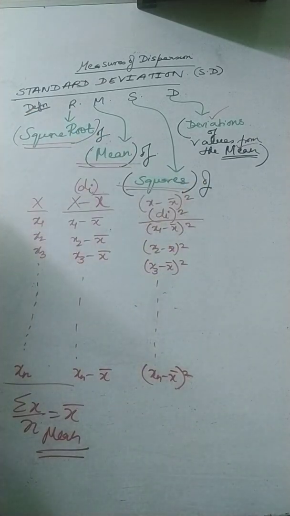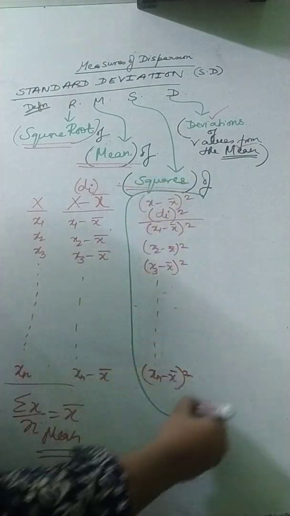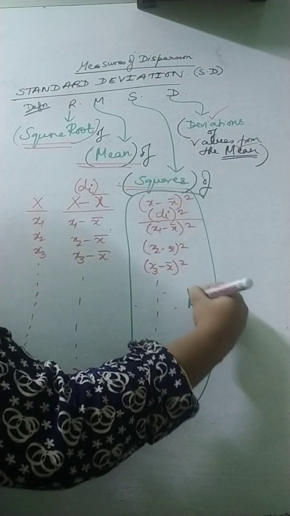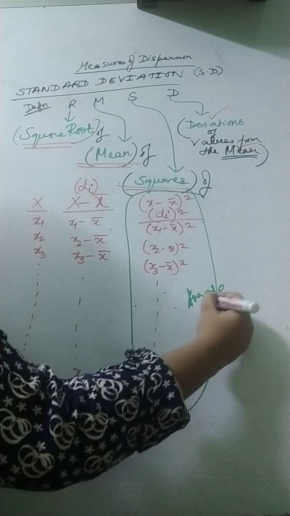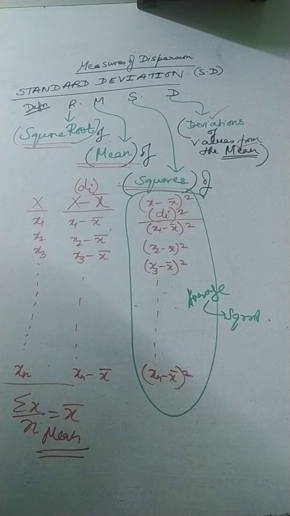That means I have to find out, first of all, the mean of the squares of the deviations. That means I have to find out the mean or average of this that I have obtained and take the square root of that. Okay, so what is the average of the values that I have obtained here? Average means what? Sum of the values by total number of values.